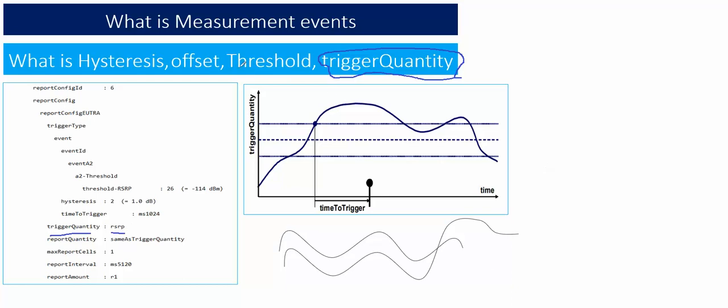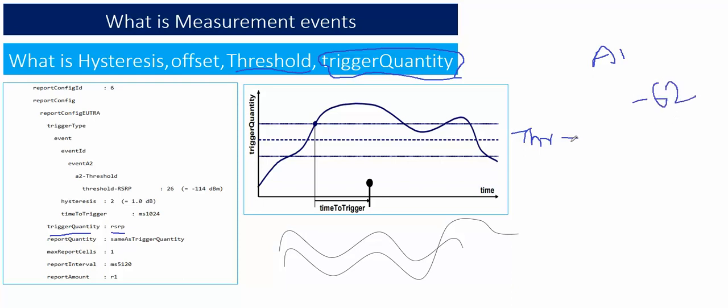And the second point is threshold. What is threshold? Here we define one threshold where an event is triggered. Suppose the A1 event is set to trigger when minus 62 is reached.